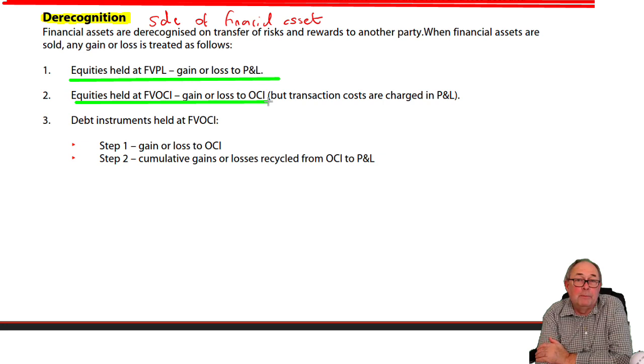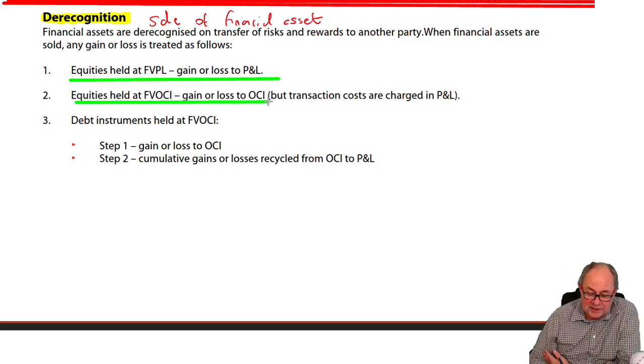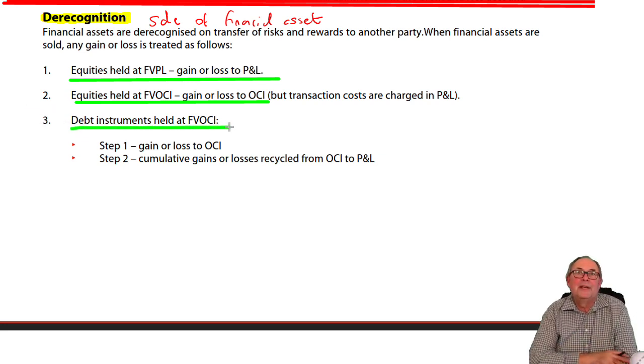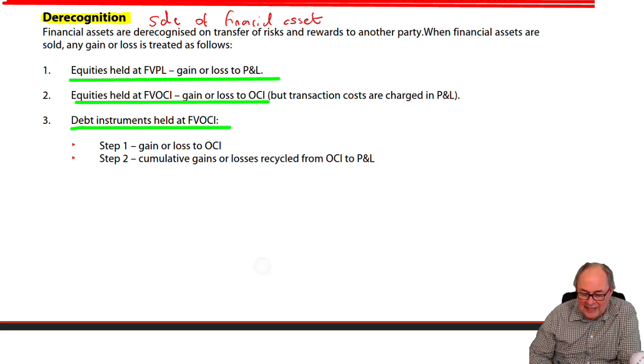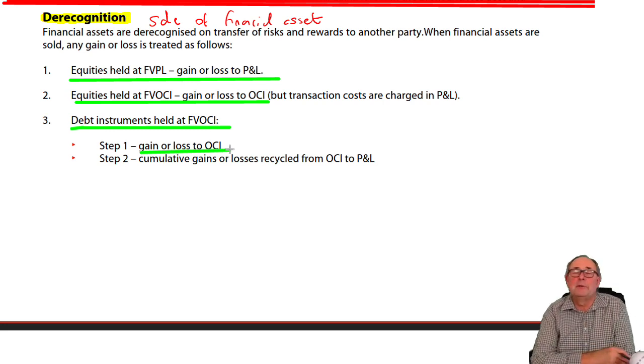We'll see an example of that in just a minute. If you've got debt, so this is where you are a bond dealer, you hold the debt investments, again, gains or losses go to OCI. And for the moment, don't get very excited, but only with debt.